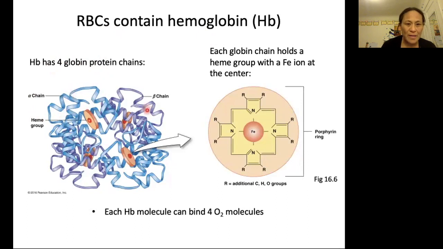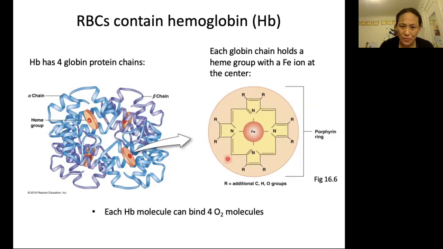Those are these ribbony looking things right here. Typical normal adult hemoglobin is made up of 2 alpha chains and 2 beta chains. Each of those hemoglobin subunits holds a non-protein component called a heme group.